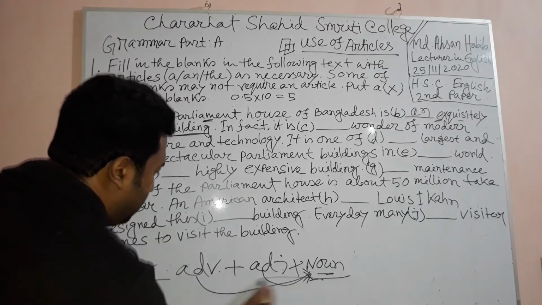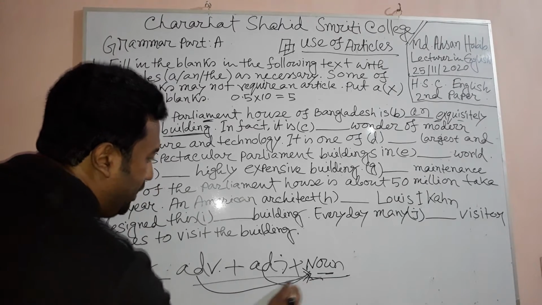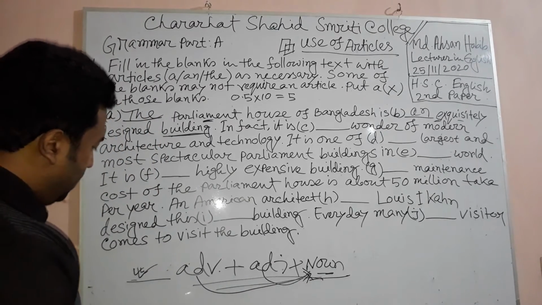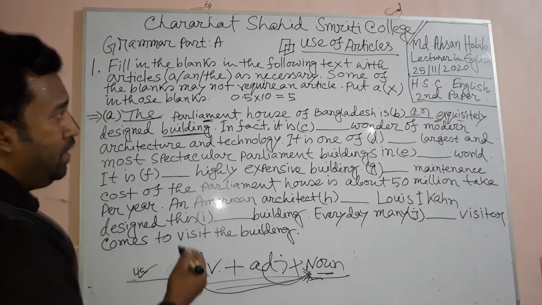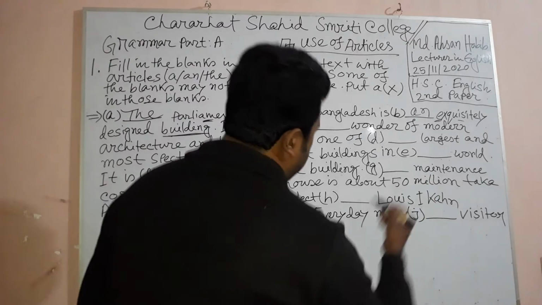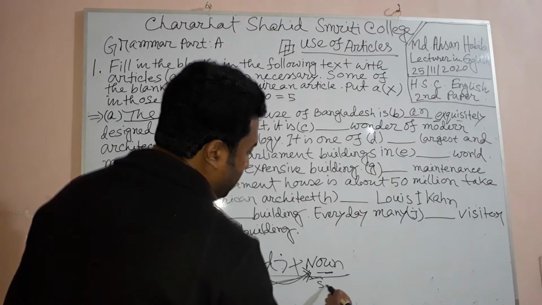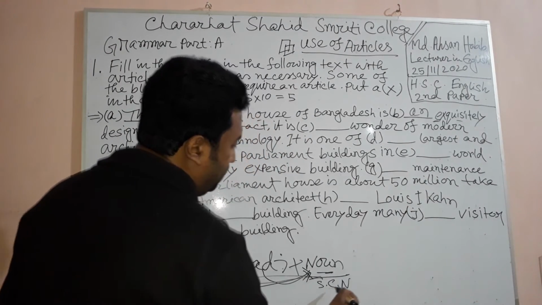This is the structure, and if you find this kind of structure, you have to know that you have to write down a or an, because it is a singular common noun.